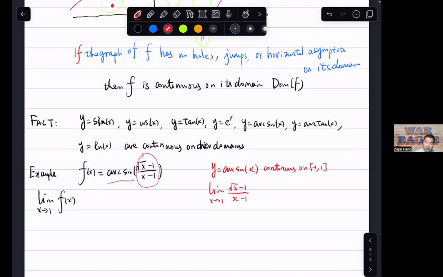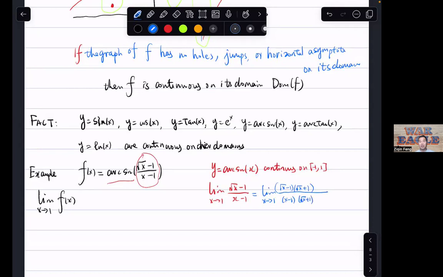For this we want to use our second way to evaluate limits, which is to try to eliminate the zero factor, x minus 1. By our discussion before, we need to multiply by the conjugate. This is square root x minus 1. The conjugate is square root x plus 1.